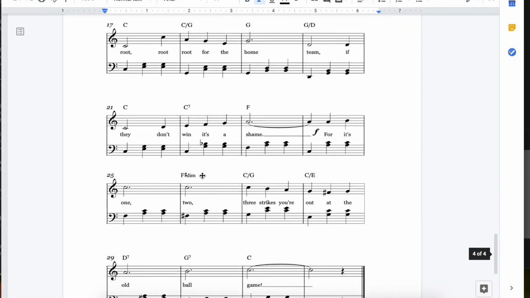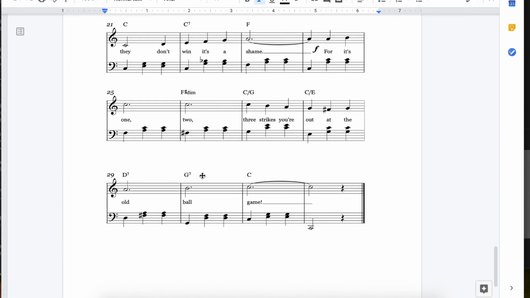No, it's something new. So we would call this A, B, A prime, and then C, something new. It goes half cadence, plagal cadence, authentic cadence. We would call this A, B, A prime, C. This would be a parallel double period because the first phrase and the third phrase have A in them.